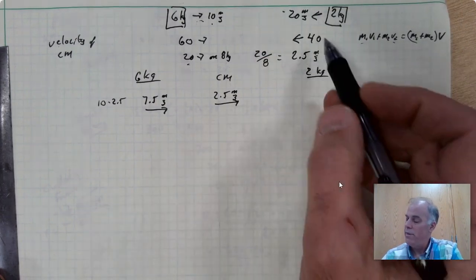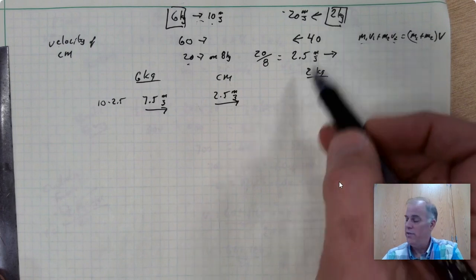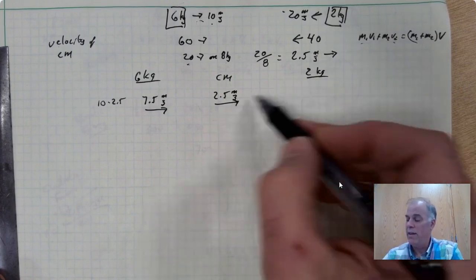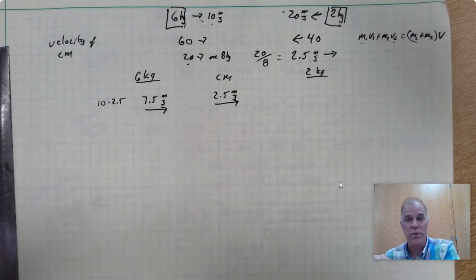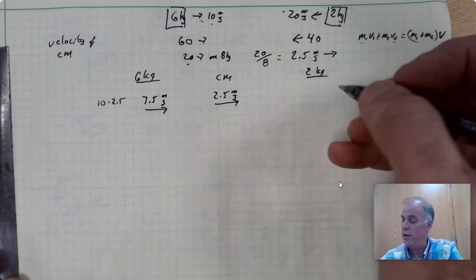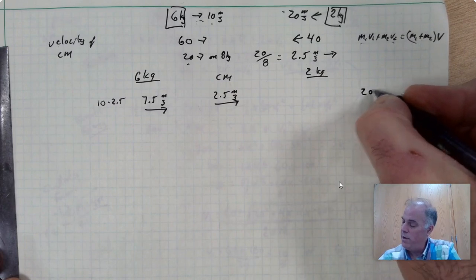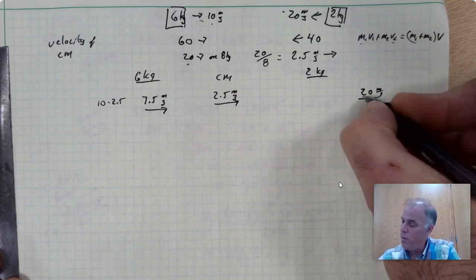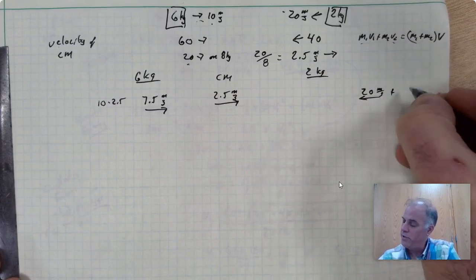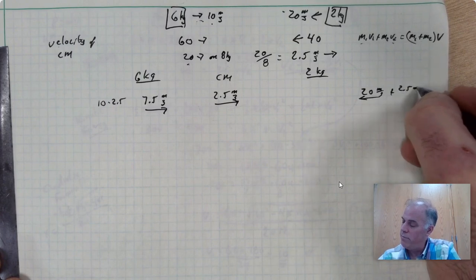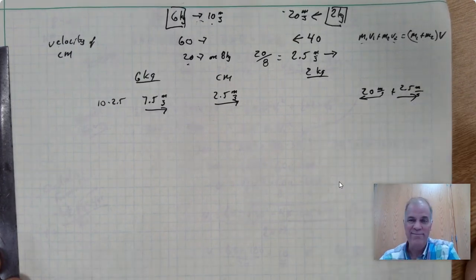Okay? Now, the 2 kilogram mass is meeting the center of mass head on. They're going opposite directions, so their relative speed is going to be greater. So that is going to be 20 meters per second that way, plus 2.5 meters per second that way.